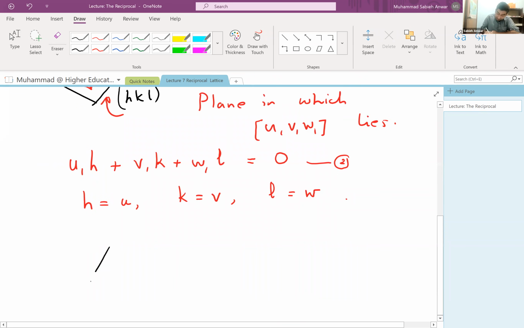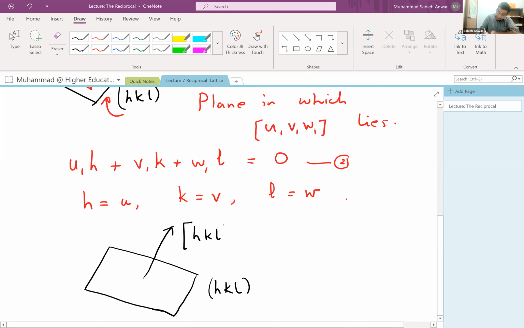If I have a plane with Miller indices h, k, and l inside a crystal structure or a lattice, then the direction, the vector [hkl] with the same indices put in square brackets, is going to be normal to the plane. So if I specify the Miller indices of the plane, I automatically know the direction coordinate, or the normal vector, to that plane.